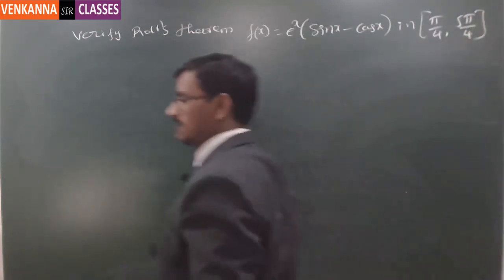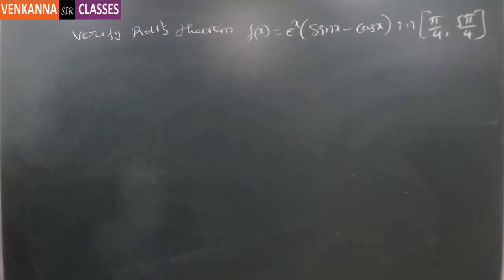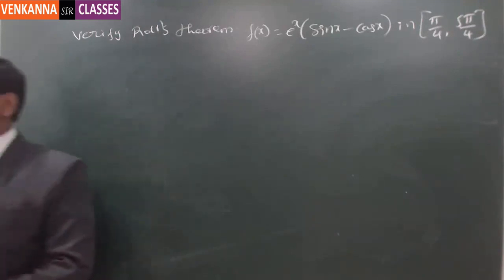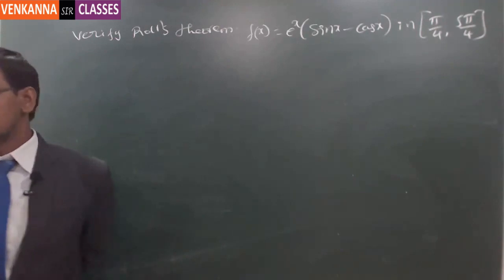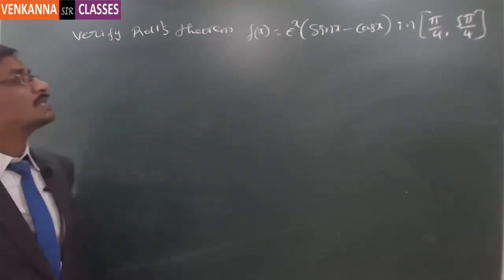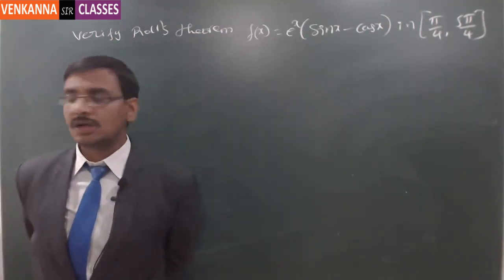First verify the conditions of Rolle's theorem, and then try to prove that Rolle's theorem is valid within this range for the function f of x is equal to e power x into (sin x minus cos x). This is straightforward and easier, so you can solve it on your own. If you are not able to solve it, I am going to solve it for you.